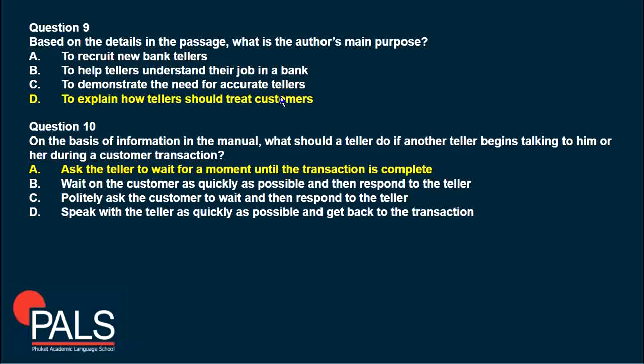Of course, ask the teller to wait, refrain from talking to people or speaking with others working nearby. All right, so tellers should make their customers feel that serving them is their number one priority. That is mentioned in the manual. So, letter A is the correct answer.